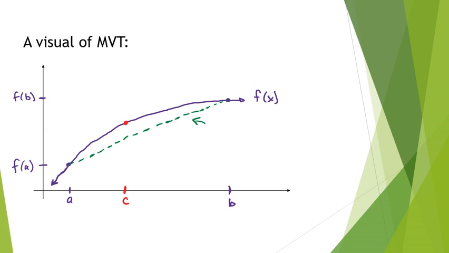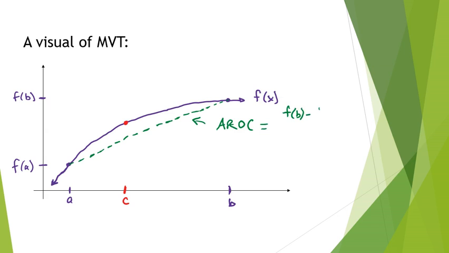That green dashed line is the secant line that goes through those 2 points. The slope of that line is the average rate of change, AROC for short.